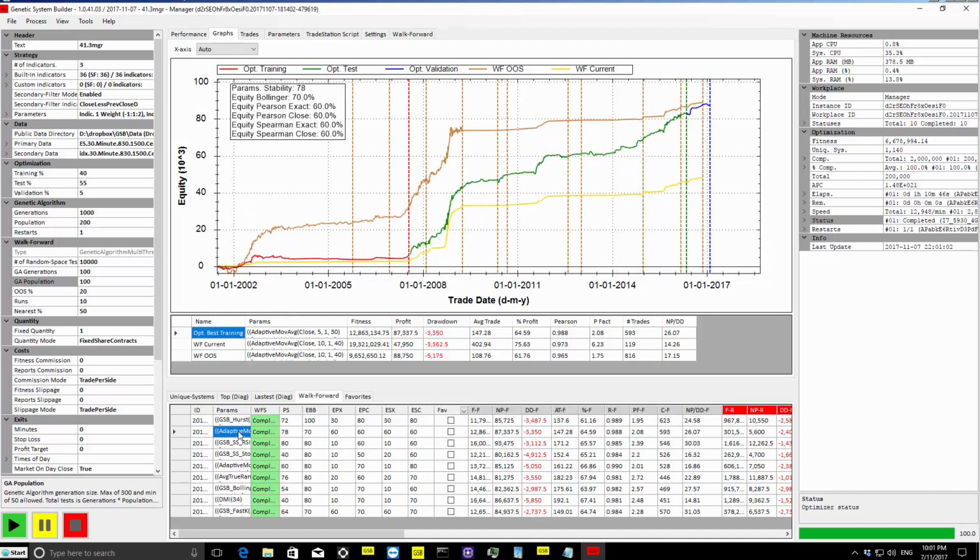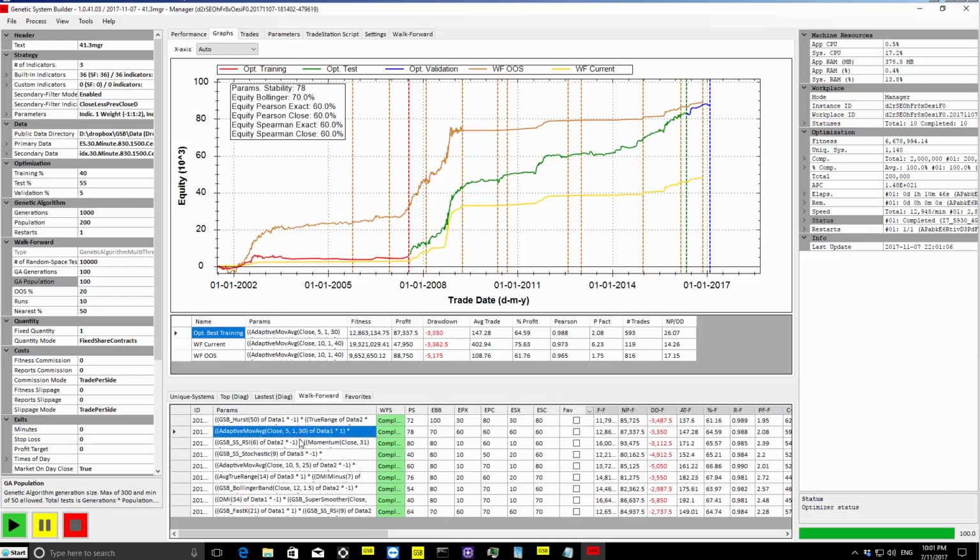The next system here is interesting for a whole variety of reasons. If you look at the system, it's got an adaptive moving average, and we'll come to that in a second. So here we see that the brown curve is above the other curves, and the reason is that the amount of trades is 816 in the out of sample trades, while in the best or current last walk forward it's 119.